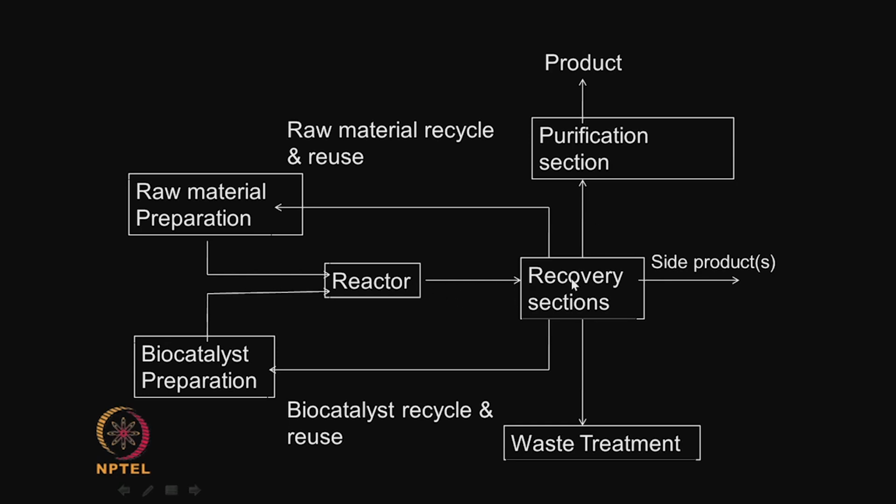When you are producing a product using a fermenter, you may end up having side products as well as wasteful products which go into the waste treatment plant. So, after the recovery sometimes the raw materials are recycled, sometimes the reaction is not complete, not 100%.